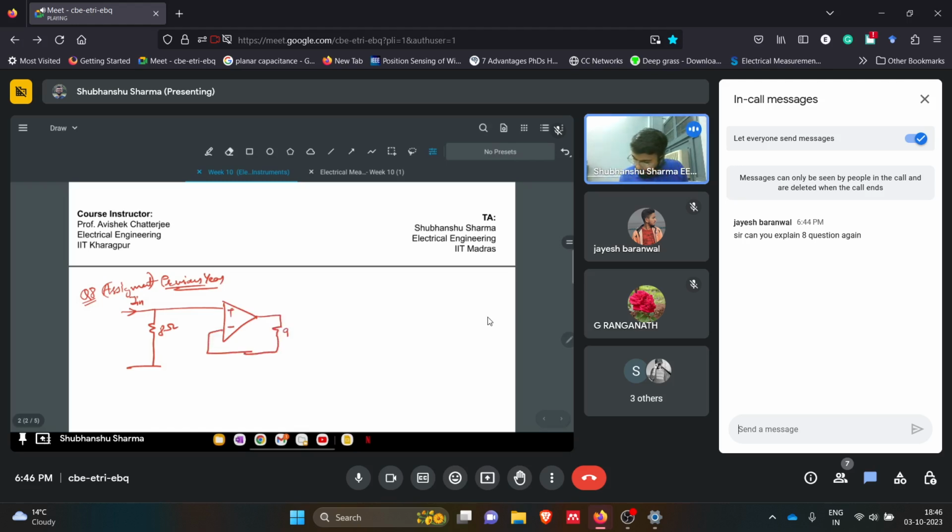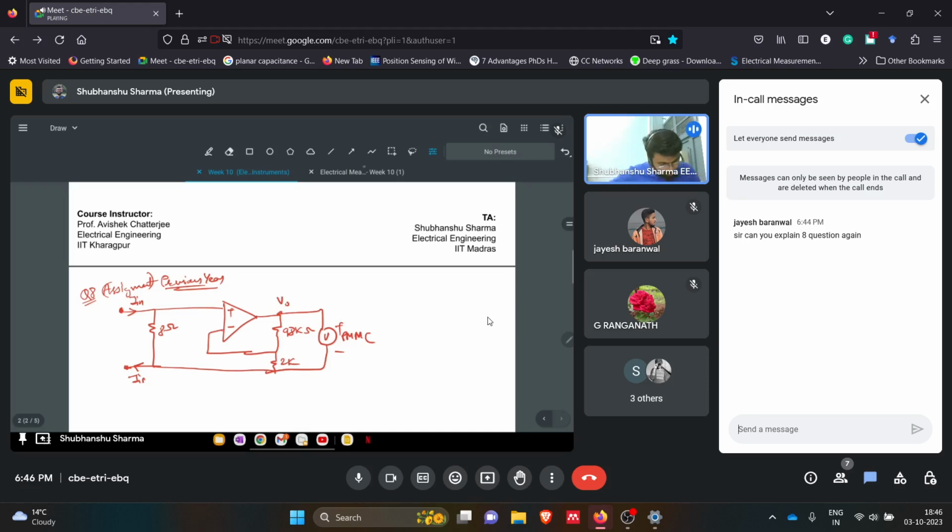Then we have a 98 kilo ohm resistor here, and a 2 kilo ohm resistor here, and this I input is going back from this side. We have one PMMC meter attached at the output, and V0 is this voltage.